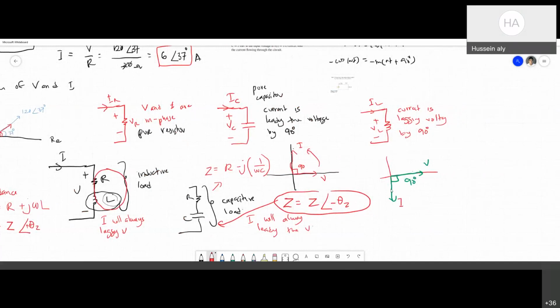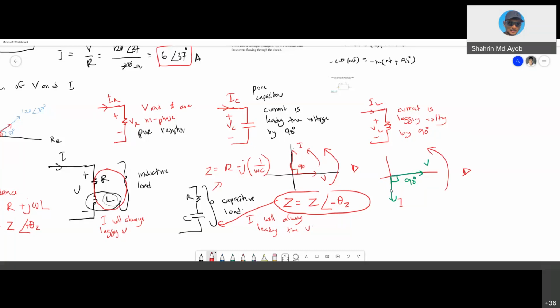Because you used anti-clockwise to measure the angle. The phasor is actually running anti-clockwise. So meaning that if you put your eyes here, the rotation is anti-clockwise.